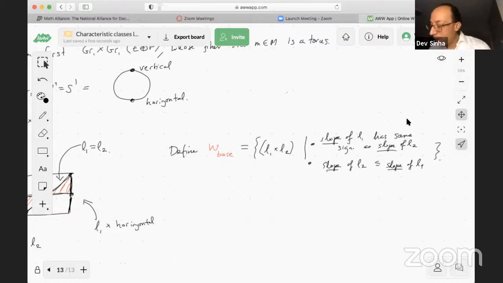Maybe what I want to say is the absolute value of the slope of L2 is less than the absolute value of the slope of L1. Both of their slopes can change, and then that inequality on absolute values will be preserved. So W is something that we can define coordinate free, or at least it is independent of choice of coordinates if we want to go that route.